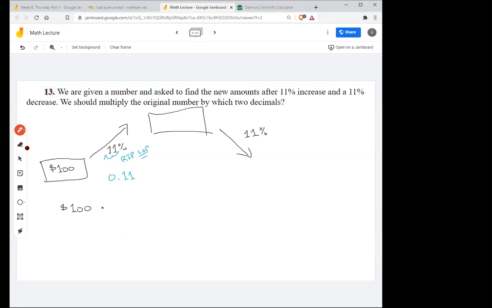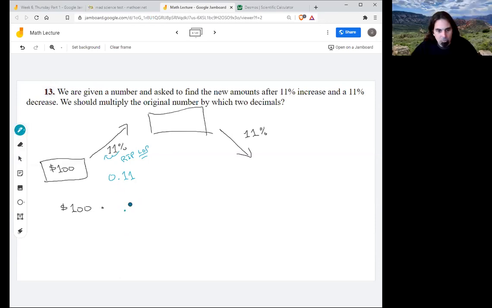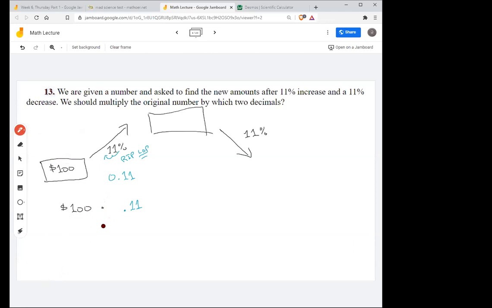Does it show it or hide it? Yeah, we don't want to multiply by just 0.11 or this $100 will go away. I would just get 11 up here and that's not the right amount. So what did we multiply by to keep the 100 around? One. 1, because times 1 doesn't change it.